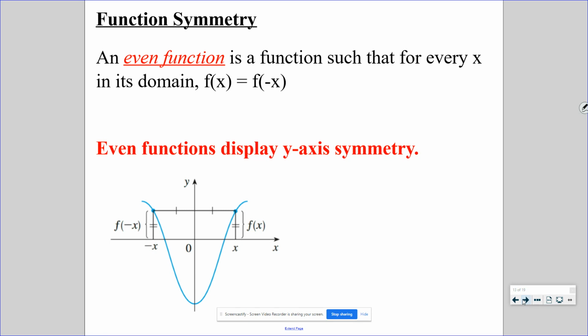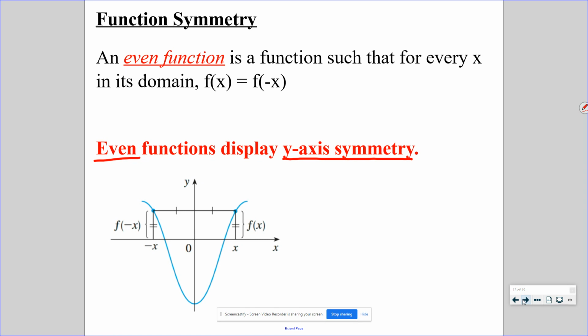Okay, back to all these review things. Last year we talked about even and odd functions. Let's start with even functions. Even functions visually display y-axis symmetry. So the most common even function is like a parabola, or this is an example down here.